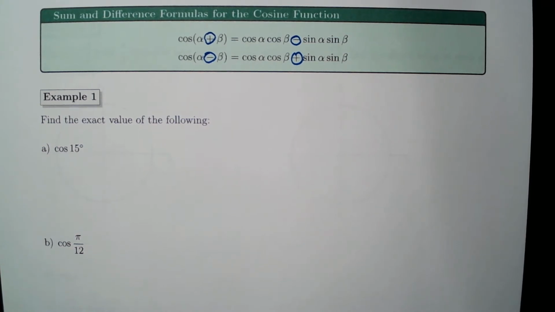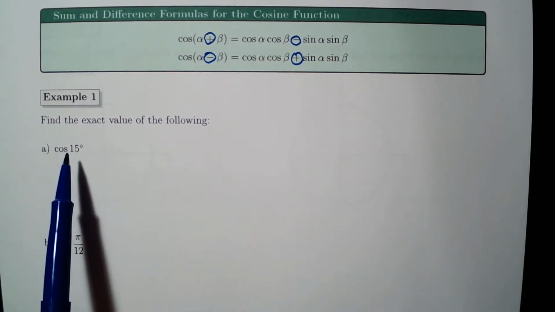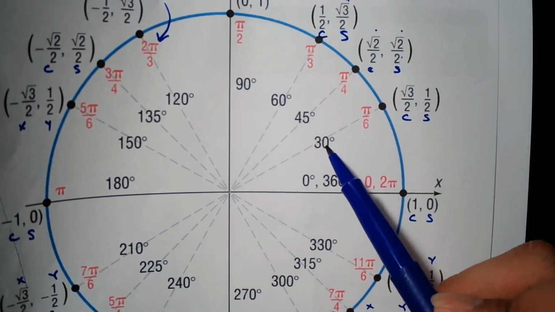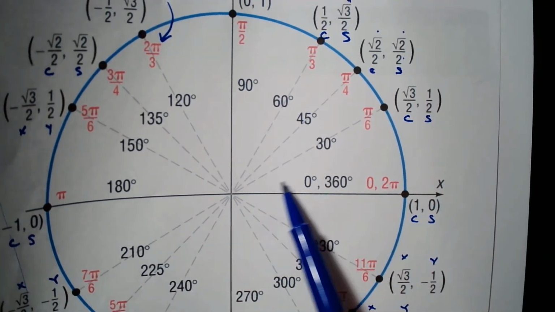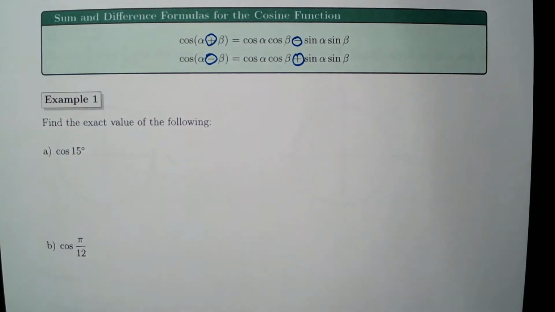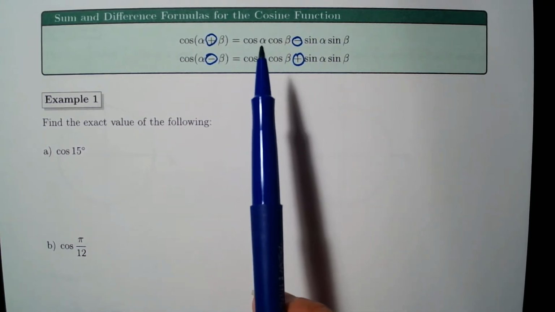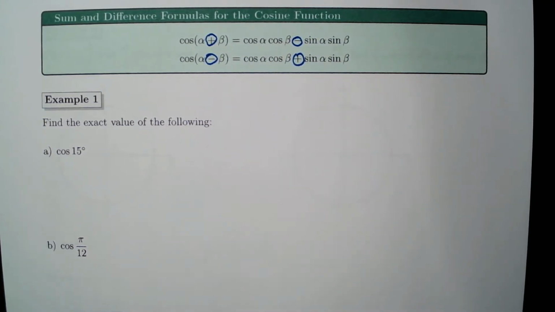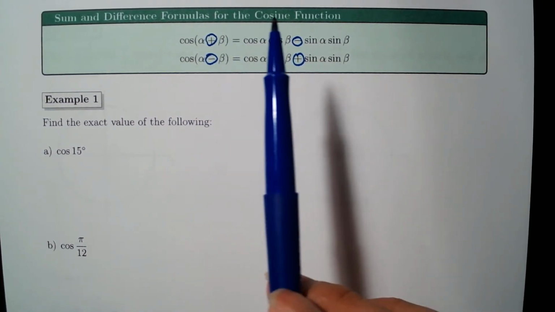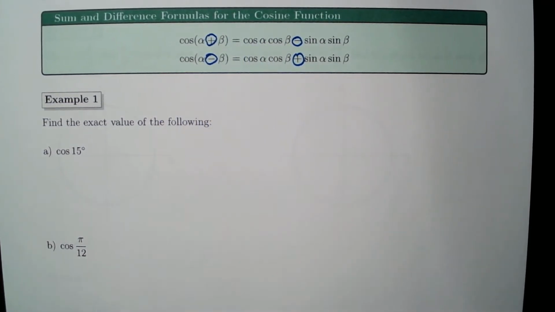But to evaluate cosine of 15, if you try to look for it in the unit circle, like I mentioned, it's not going to be there. Only 30, 45, 60. Well, 15 would be somewhere here, but we don't have the information. Nevertheless, we are going to take advantage of the formulas above, with a couple of tricks, and then we are going to use those values.